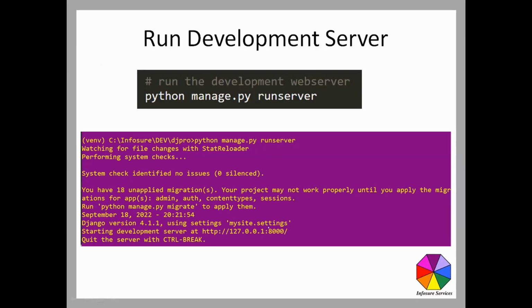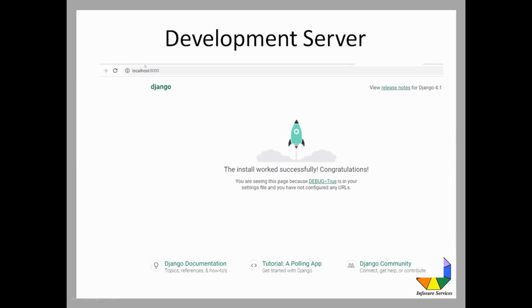I'll go to localhost 8000, and it'll show up this standard page. It tells you a message: your installation worked successfully, your development server is up and running. In that page they put some documentation, a sample polling app as a tutorial, and a community of Django developers is available.